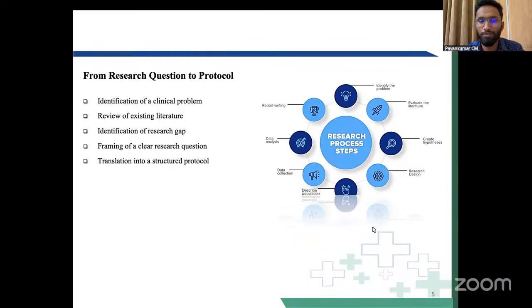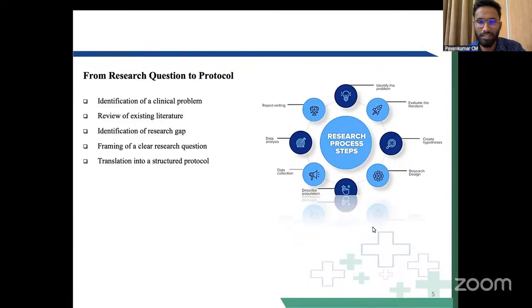A structured protocol means it should have a very clear introduction, and the introduction should be in a format where, at the start, we mention clearly what the research is. Then we speak about the epidemiology in percentages, going from global to national or international, stating the prevalence as a percentage.